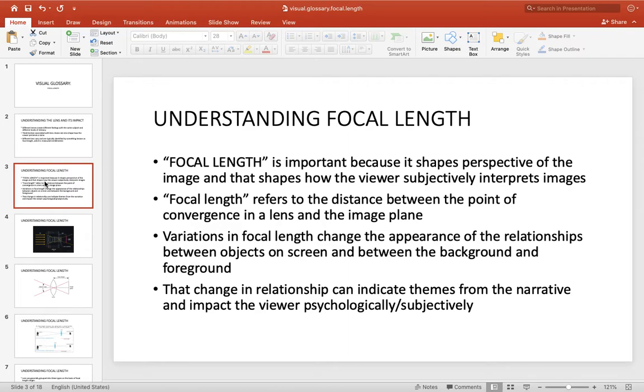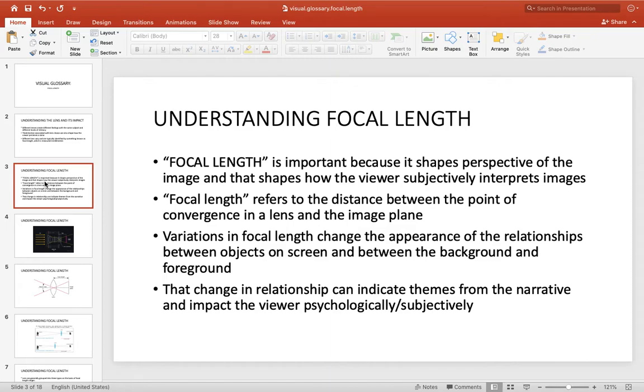The book, which sometimes does a very good job of introducing key concepts in our understanding of cinema, very surprisingly kind of breezes over this topic. I think it spends maybe a total of 2 pages on focal length, and those 2 pages are dominated by images. So I wanted to give a more in-depth explanation of focal length so that you guys get it, okay?